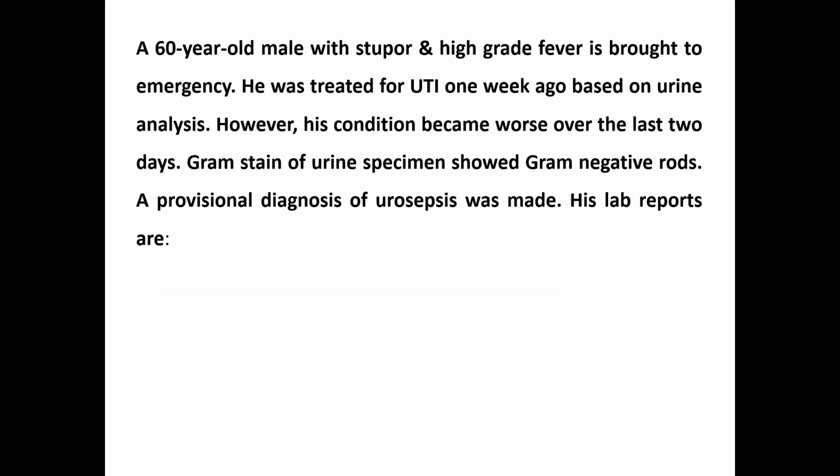A 6-year-old patient was treated for UTI 1 week ago based on urine analysis. However, the condition became worse over the last 2 days. Gram stain of the urine specimen showed gram-negative rods. A provisional diagnosis of urosepsis was made.